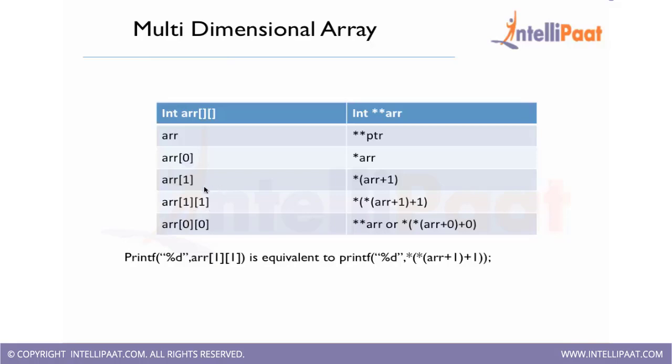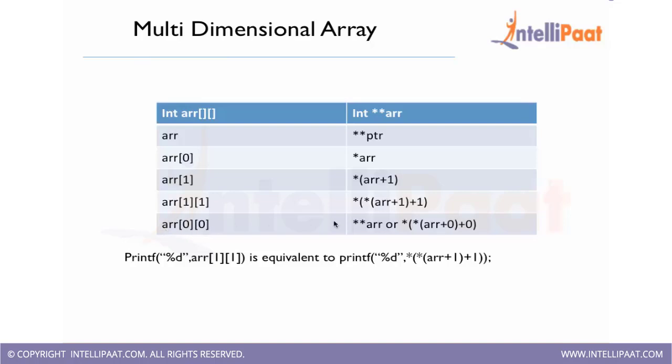Similarly, arr[1][1], this is how we ultimately print a value in an array. First we resolve arr plus 1: the value at arr plus 1 gives us a memory location, and then we take the value at that address plus 1. This is how we resolve the addresses for a two-dimensional array.